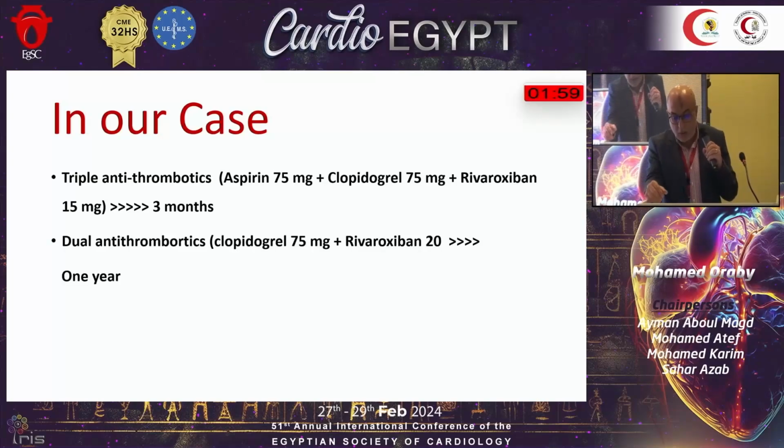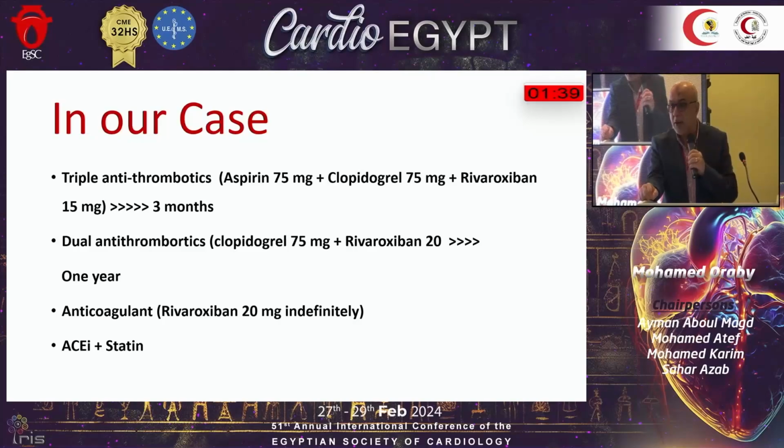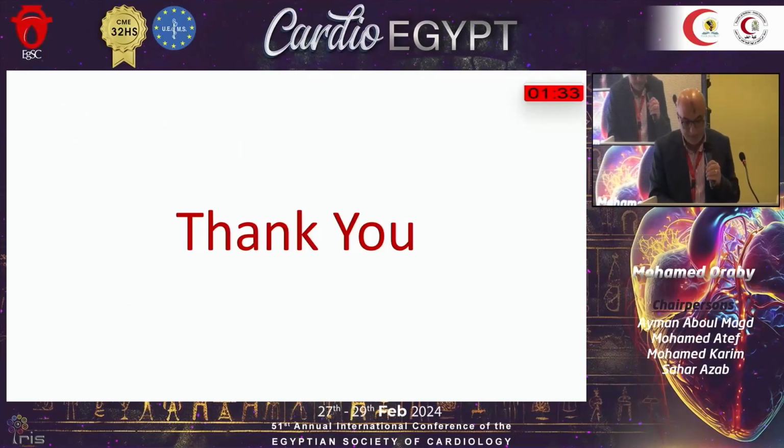Dual antithrombotics, clopidogrel and one of the NOACs should be continued for 1 year. And for sure, anticoagulation with those NOACs should be continued indefinitely in such situation. Besides this, ACE inhibitors and statins through its pleiotropic effect should be started and continued in such situation. And thank you very much.